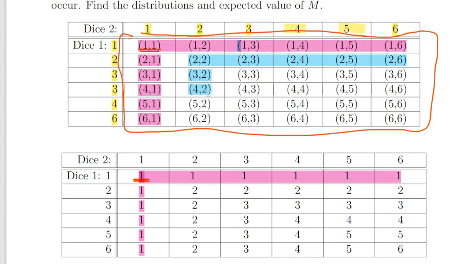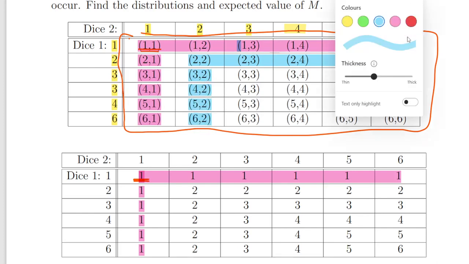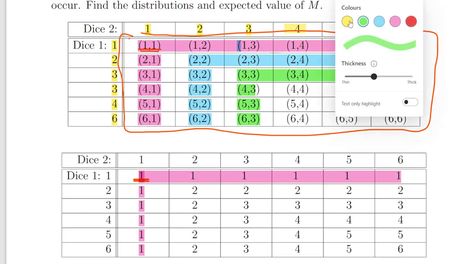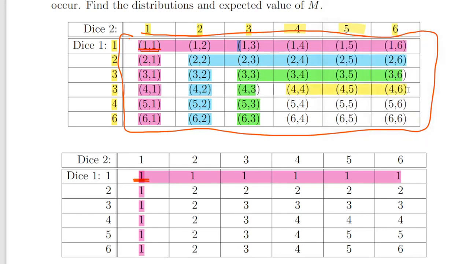And vice versa. So you can sort of see what's happening here, that we are picking out the rows and columns that give us a minimum of 1, a minimum of 2, a minimum of 3, and so on. This will give us a minimum of 4 here. These cells, pairwise minimum, and so on.